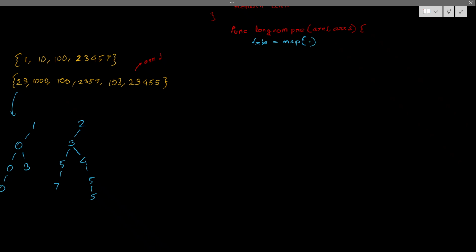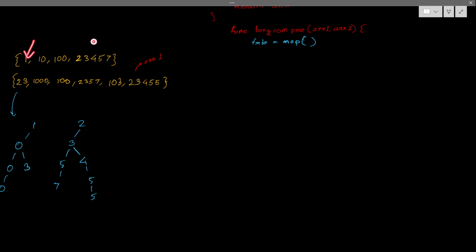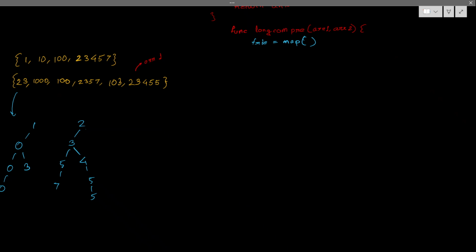So what I have to do is iterate over each number, and for the first array I have to make the try tree. For the next array I will compare each number with this try tree, and I can find out what the maximum number present is. That's what we will do. Correct. So I have to iterate and create the try tree first based on the first array. So I'm taking this one as array one.